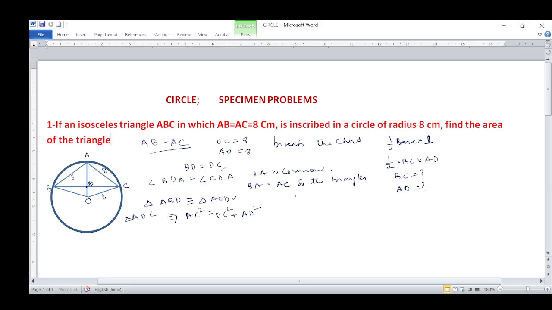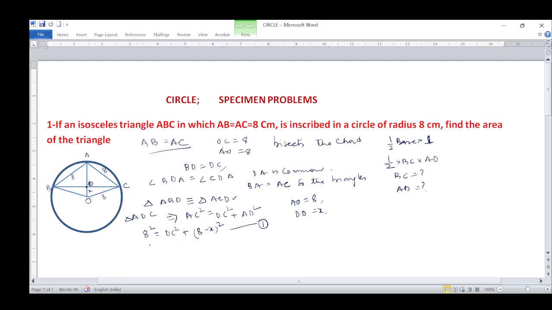And AO is equal to 8. Let DO be equal to x. So AC is 8, 8 square is equal to DC square, which is not known, plus AD square, and you can write AD is equal to 8 minus x, because the whole distance is the radius, AO is 8, so the whole distance is 8 minus this distance we have chosen as x. So this is one equation.